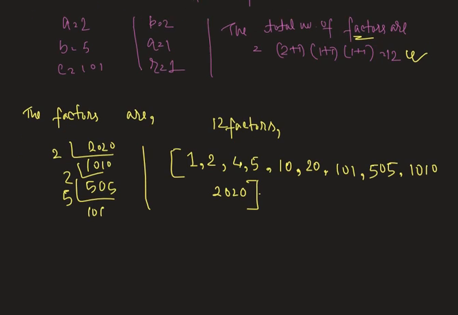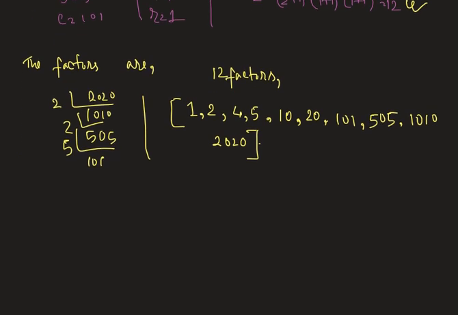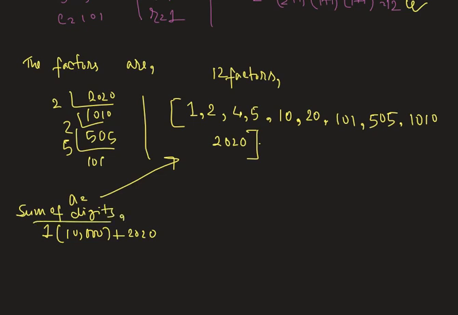Okay, now if we write for different values of A, we get 1 multiplied by 10,000 plus 2020, and the sum of digits is, let x1 be for this portion, plus 2 plus 2, 4.